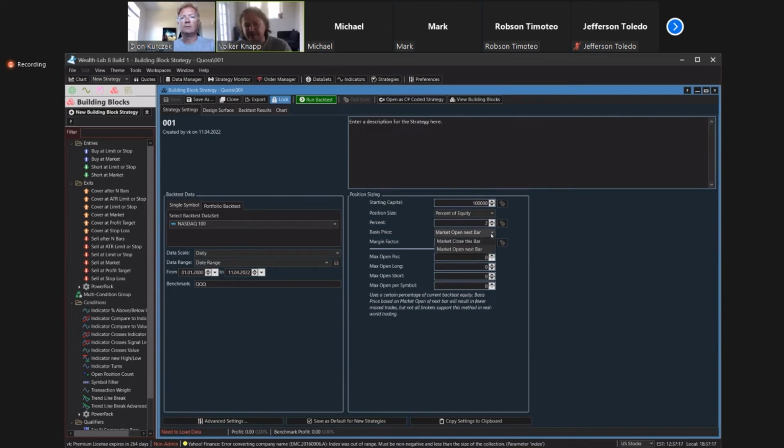Some brokers allow you to say, buy that stock for $5,000, instead of saying, buy 500 stocks. And if you don't have that much money, they reject the order. So you basically use the open so that you don't get rejected trades.